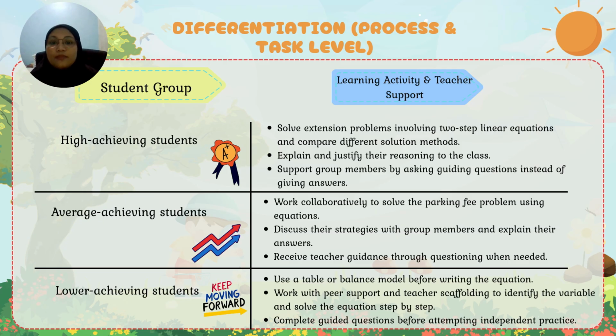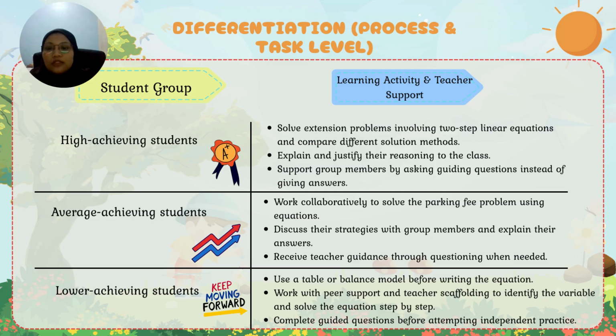As we have mixed ability students in the class, we choose process differentiation for three different groups of students. The first one is the high achieving students. They can solve extension problems involving two step linear equations and compare different solutions and methods, explain and justify their reasoning to the class, and support group members by asking guiding questions instead of giving answers.